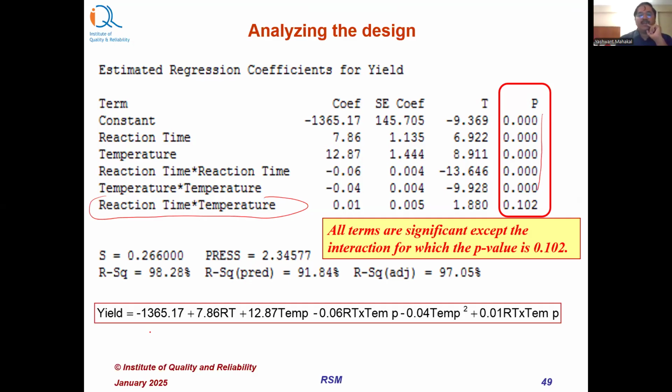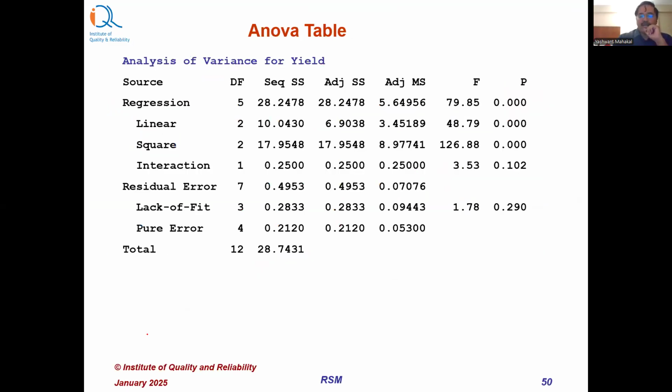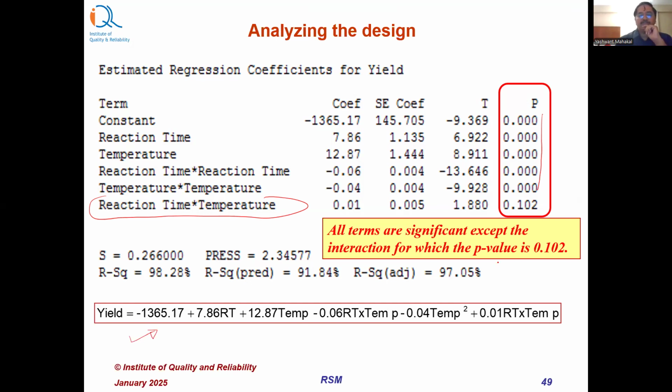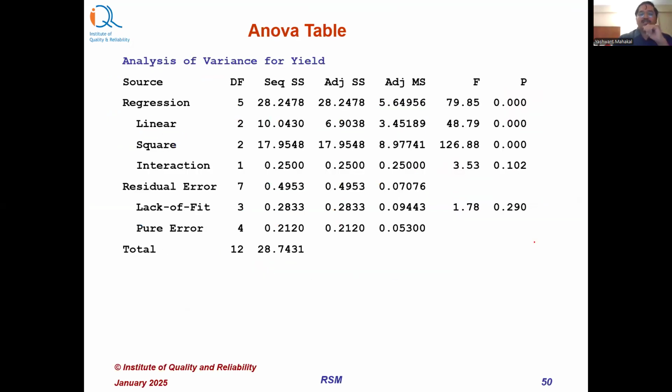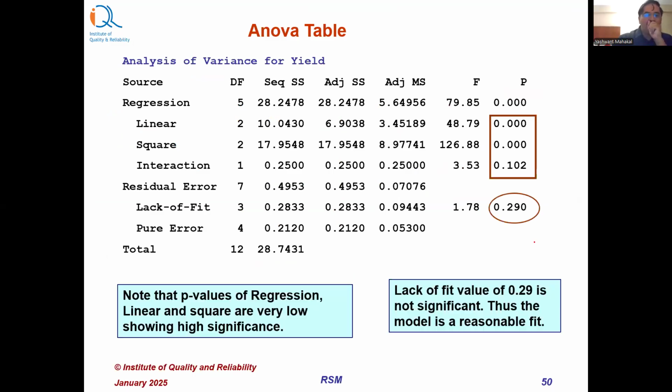This is the equation that you got for yield. We go further and look at the R-square values, they are good. And this is the analysis of variance for yield. Note that p-values for regression, linear, and square are very low, showing high significance. And lack of fit here, 0.29, is not significant. Thus, the model reasonably fits.